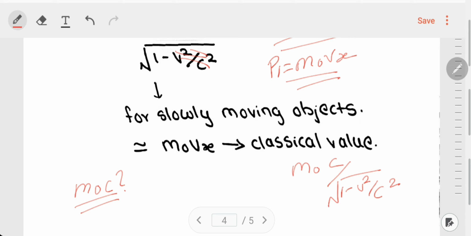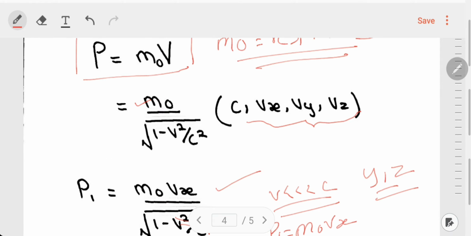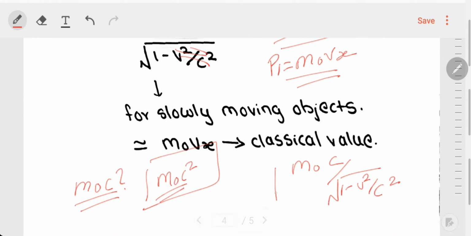But if we concentrate on this quantity and have a look properly, we'll see that if we multiply this quantity by c, we get m naught c square, and this mc square is something well known because we have the famous Einstein's formula E is equal to mc square. Thus we can get a hint from this quantity that the zeroth component of the momentum can be somewhat like E over c, that is energy over speed of light.